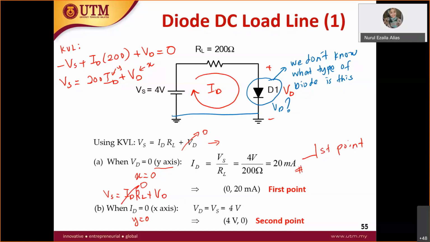Therefore VD equals 4 volt, and this is the second point. So I repeat, the first point is at the y-axis, and the second point is at the x-axis. Is that clear? Do you have any questions before we move forward?